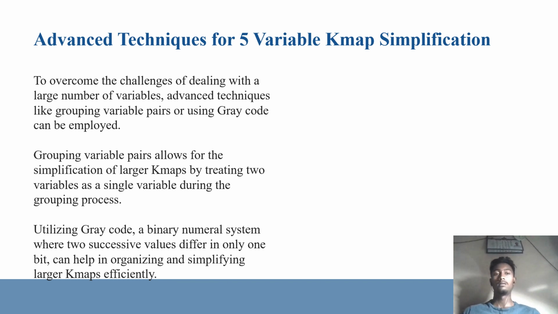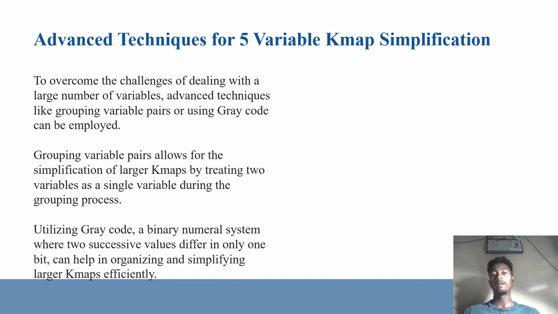So there are advanced techniques for 5-variable K-map simplification. To overcome the challenge of dealing with a large number of variables, there is an advanced technique called gray code, which can be employed. Grouping variable pairs allows for simplification of larger K-maps by treating two variables as a single variable during the simplification or grouping process.